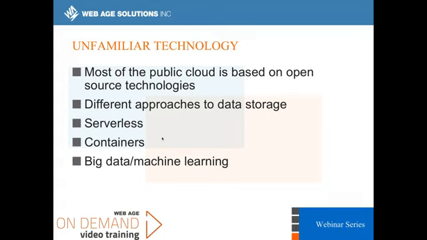Another change in unfamiliar technology is the different approaches to data storage. The cloud, remember, is designed so you only pay for what you use. You may be familiar with signing contracts with large vendors so that you get essentially an all-you-can-eat for something like a database.